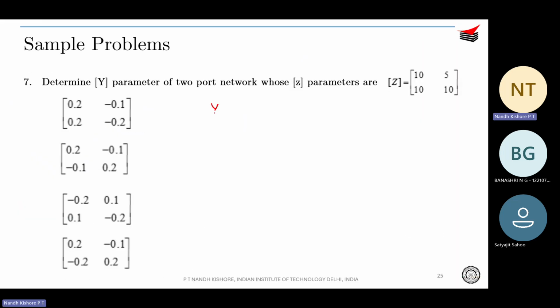Yeah, so how do you find Y is equal to Z inverse, which means we have 1 by mod Z, and then the entries get interchanged, right? This will be Z11, this will be Z22, and this will be minus Z21, this will be minus Z12, correct?